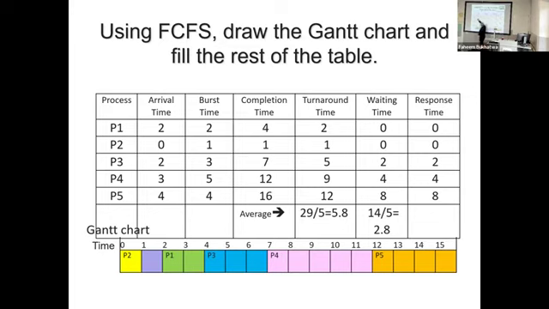So process 1 arrived at 2, and it had 2 burst times, that means 2 CPU times, it finished at 4. Process number 3 arrived at the same time, 2, and had to wait for 2 and then run for 3 seconds. So it will finish at this time. Are you able to see this?